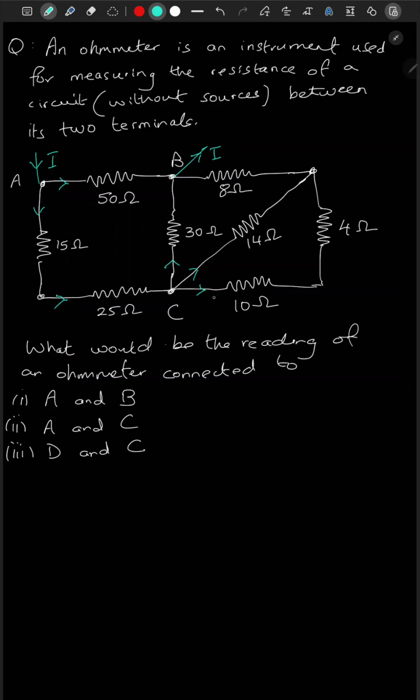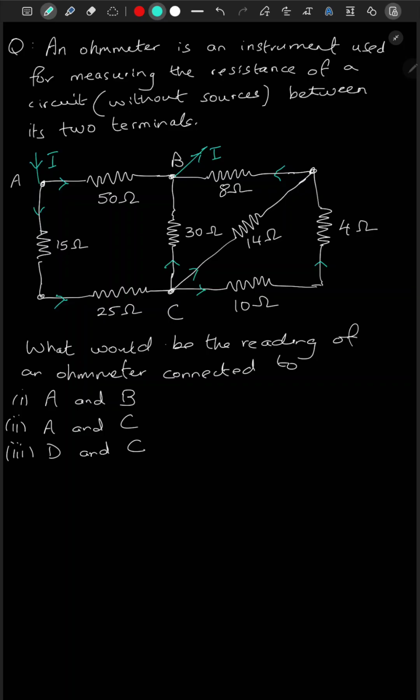Part of it will go to the 10 ohm and the 4 ohm resistor. Part of it would go towards the 14 ohm, and this would go in this direction towards the 30 ohm resistor. And this would join again here, and a current will flow in this direction towards the terminal B.